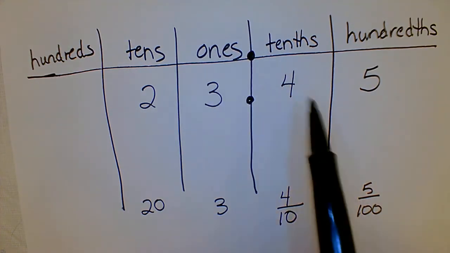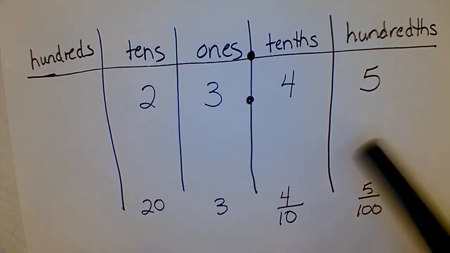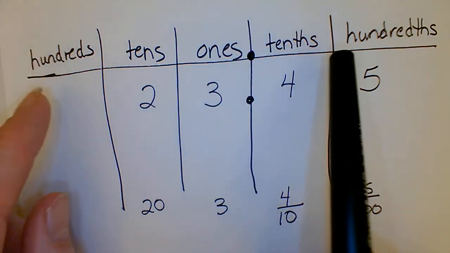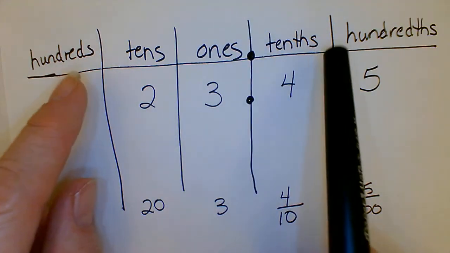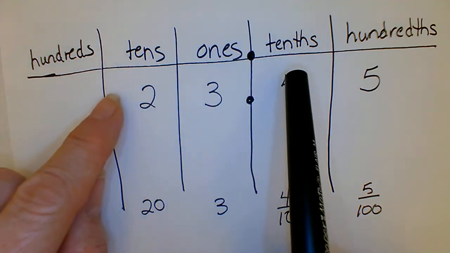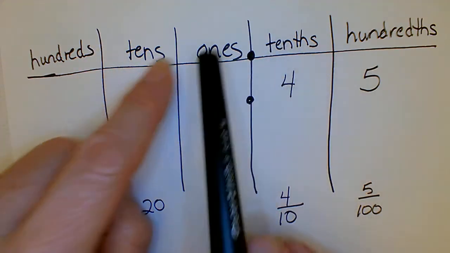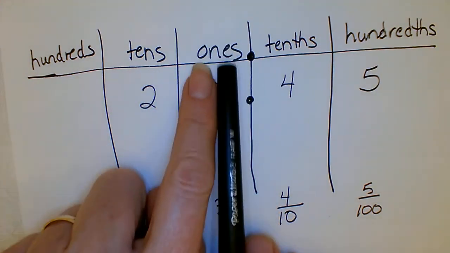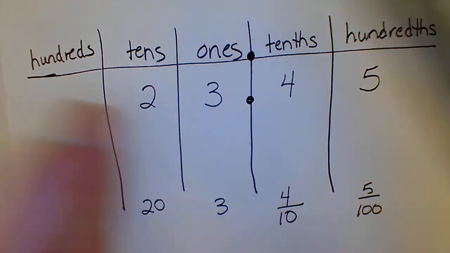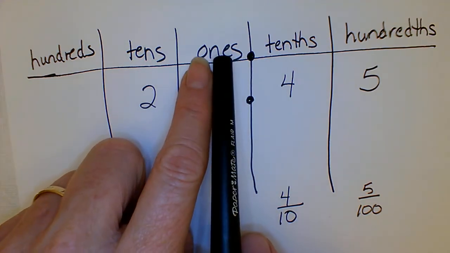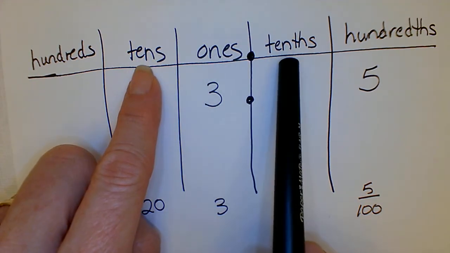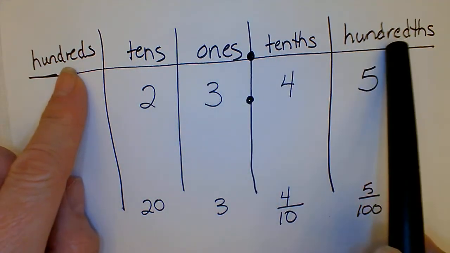So again, the other thing I want to show you is that everything is going to be the mirror image of each other, or symmetrical. Let's use some nice math words, around the ones. If you think of the ones as like the crease, and if I folded it, it's always going to be the same. I have my ones, then I have my tens and my tenths, my hundreds and my hundredths.